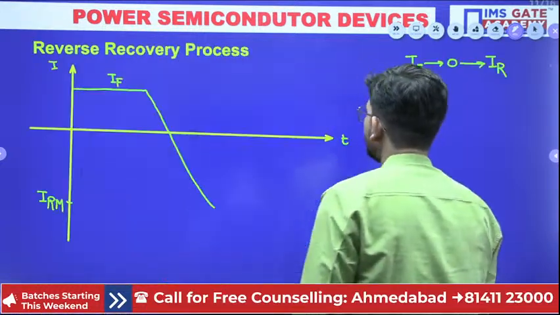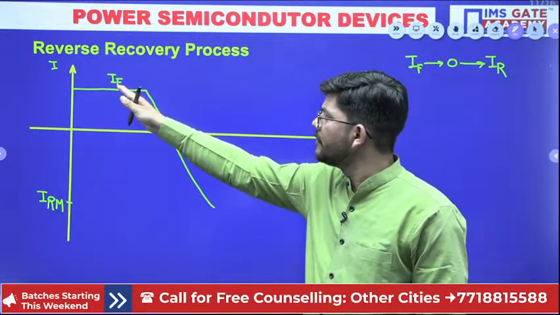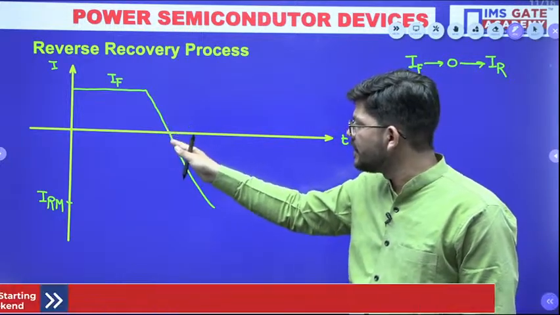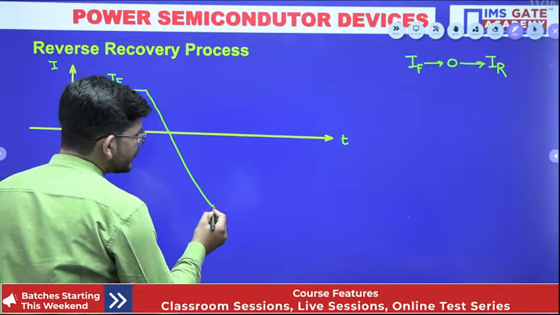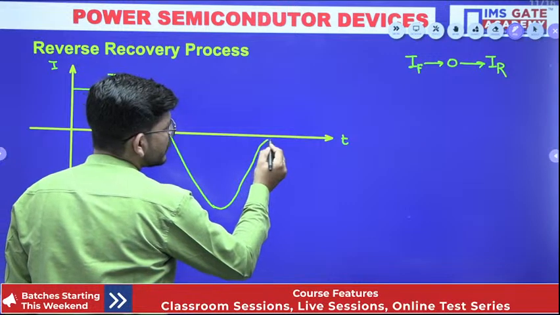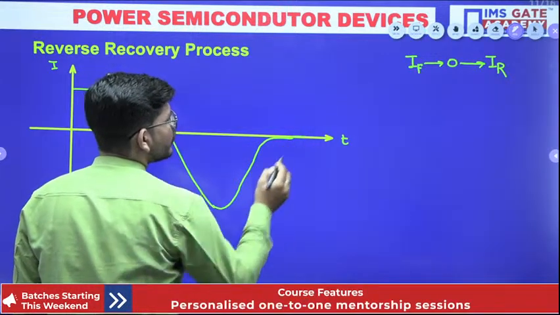So first, when we apply a reverse voltage, the forward current will become 0 and then it will reverse in direction, and then it will start decreasing as well, and when these charges are recovered, ultimately the current will become equal to 0.